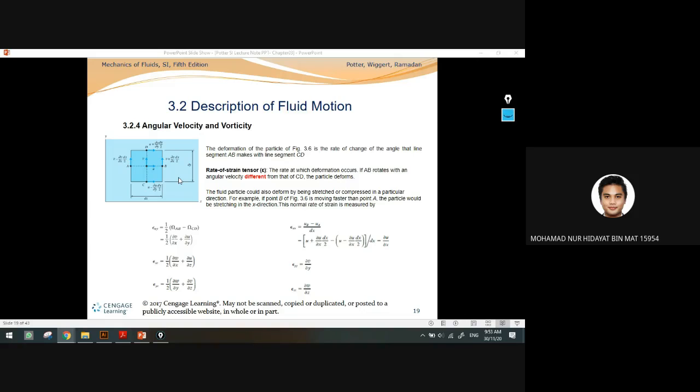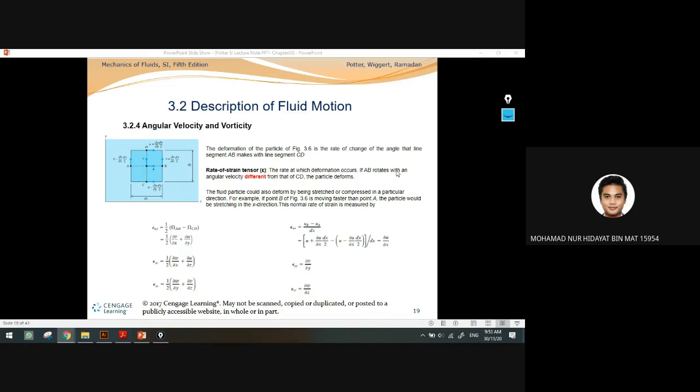However, how about the deformation? How do we explain the deformation? Here we are going to learn about the rate of strain tensor. We call it epsilon. The rate of strain tensor is the rate at which deformation occurs.